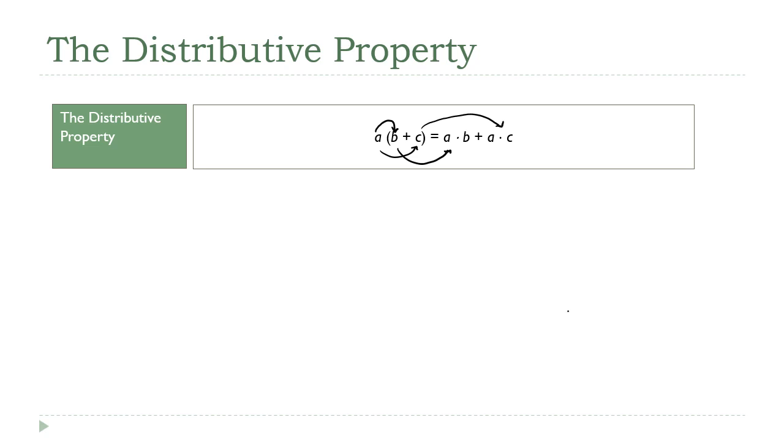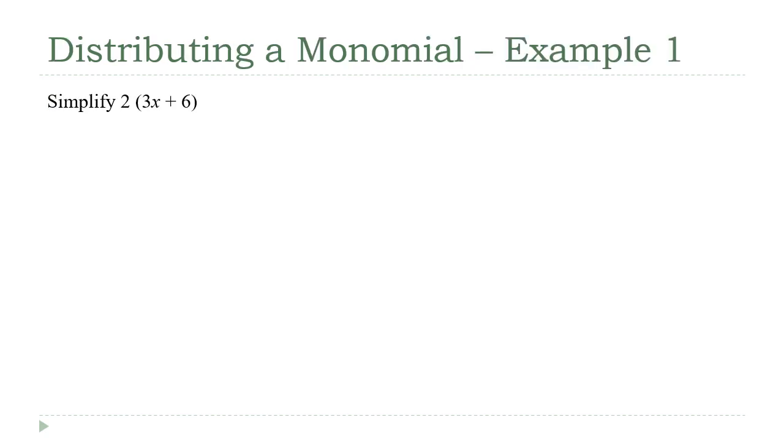Right, so let's look at some examples. I want to simplify 2 times 3x plus 6. Now, when we talk about simplifying polynomials, there's a number of things we want to do. The thing that we care about right here is getting rid of the parentheses. Just as a general rule, something is considered simplified when it has as few parentheses as possible.